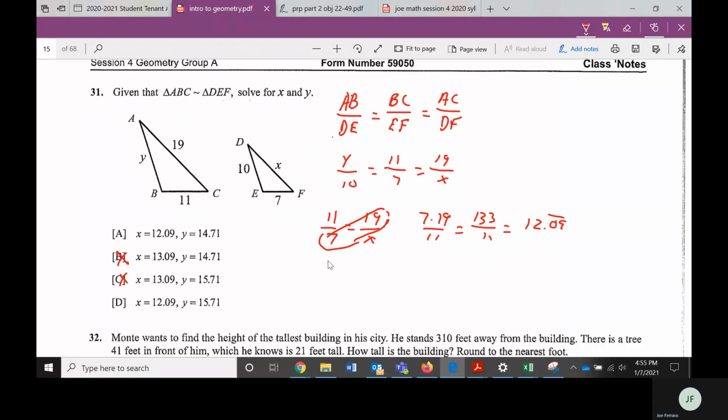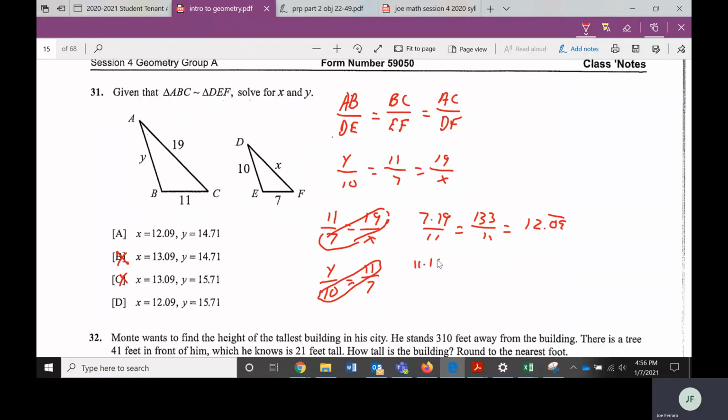Now the next one, I need to find Y. So I have this known pair, and this is my unknown pair. So I'm going to use these two. I don't know Y. I need to find that. It corresponds with the 10. I have the 11 and the 7 corresponding. So now it's cross multiply and divide.